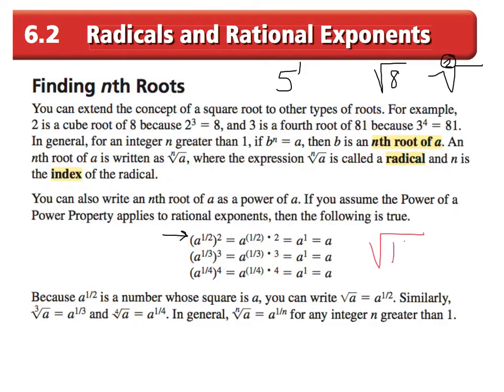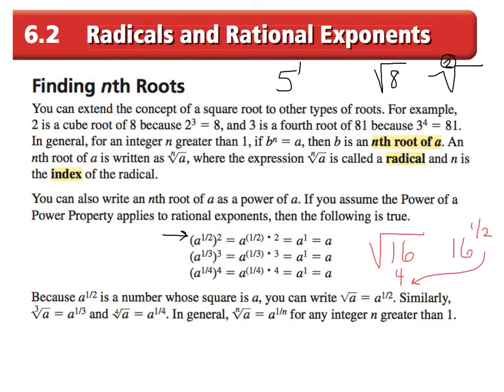The square root of 16. You all know that the square root of 16 is 4. But you can actually write that as 16 to the 1/2 power. That's what this is saying. If you take the square root of something, that's the same as taking it to the 1/2 power. If you actually take the 3rd root of something, that's taking it to the 1/3 power.